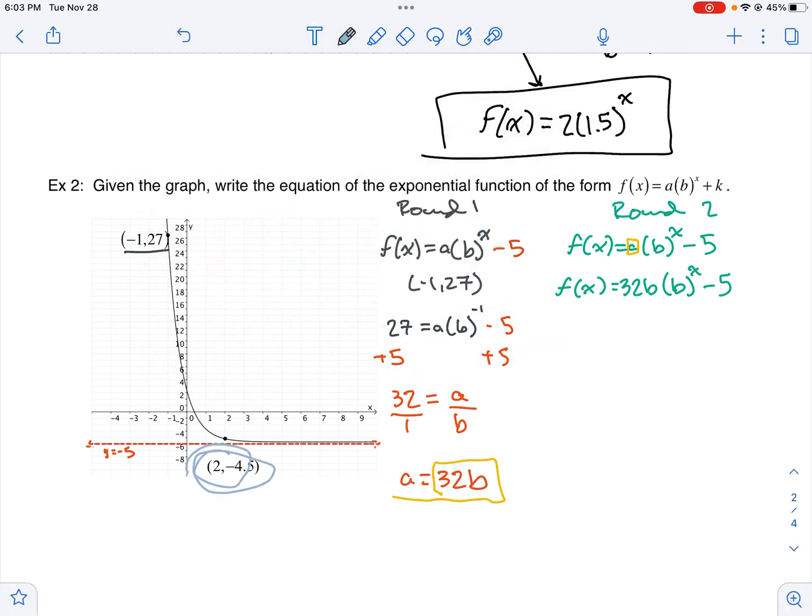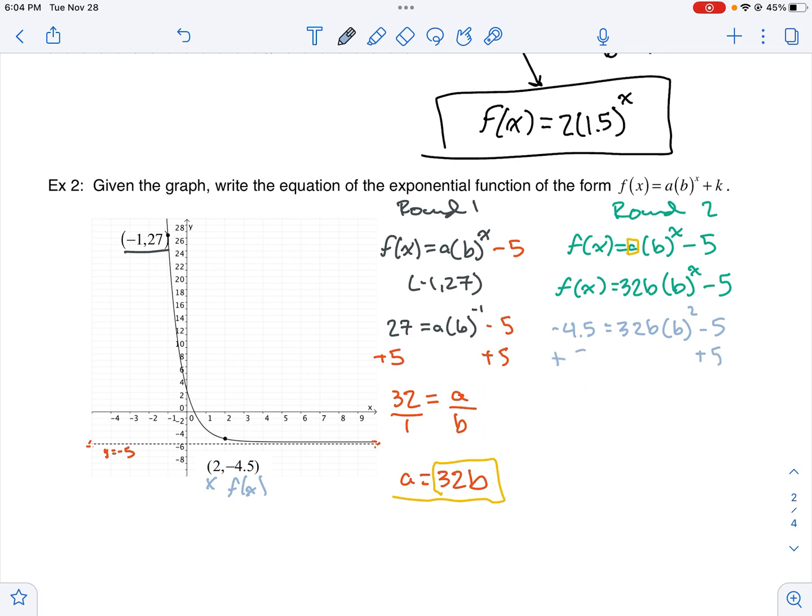And now I'll use the second point here. So again, this is like your x and your f of x. So negative 4.5 equals 32b times b to the second minus 5.